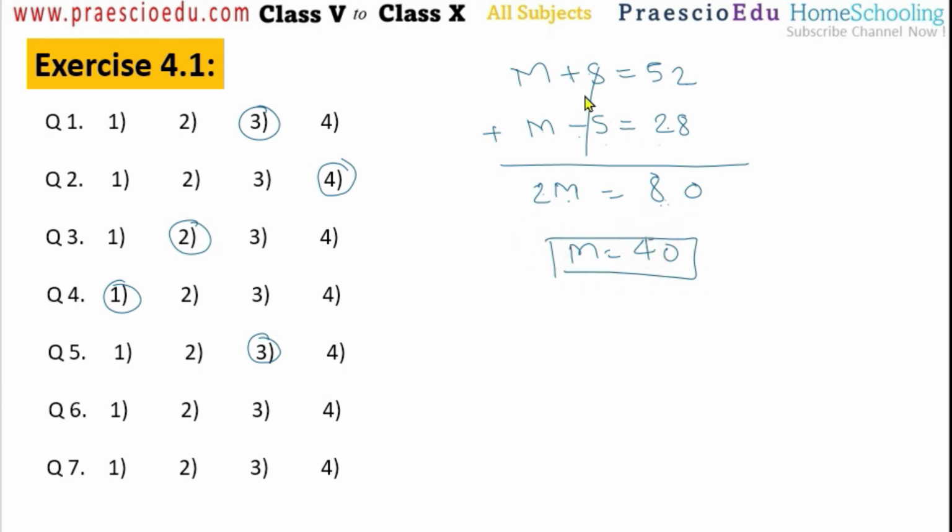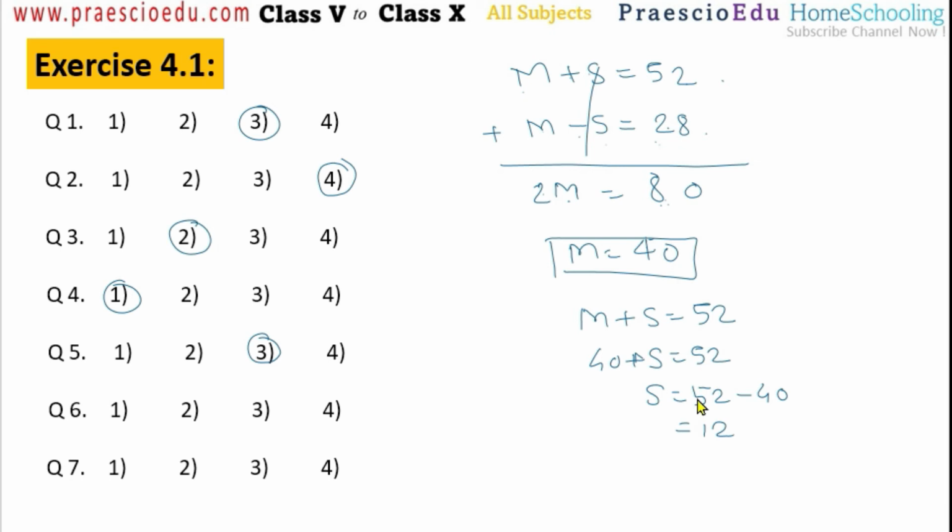Now this 40 we have to put in either of these equations. So suppose M plus S is equal to 52. So 40 plus son's age is equal to 52. So son's age is equal to 52 minus 40. So his age is 12, but we have to find out the age hence, means in the future.